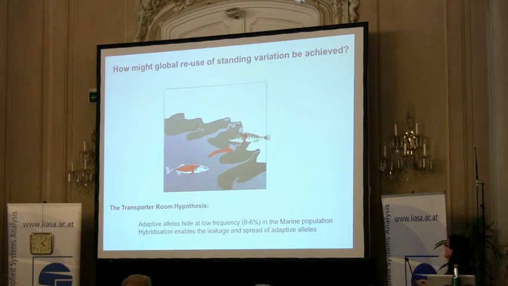We have some estimates of the frequency of various adaptive alleles, ranging from effectively close to 0%, as far as we can measure, up to relatively high frequency alleles at 6%. So for parallel evolution in sticklebacks, hybridization between the forms is quite key to the spread of adaptive alleles.